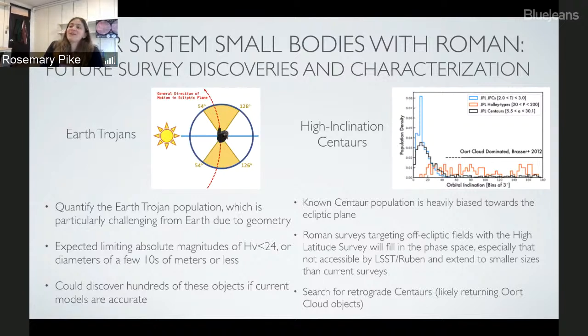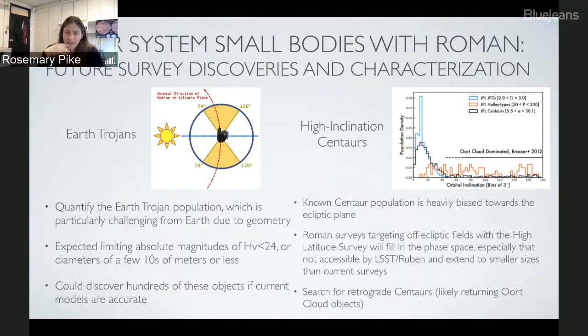I just have a few minutes, but we have a couple of really exciting things that we haven't been able to do from other facilities, some of which can be done through the general surveys, some of which may require additional PI kind of projects. But finding Earth Trojans is one of the things that's really hard to do from the Earth for geometric reasons.